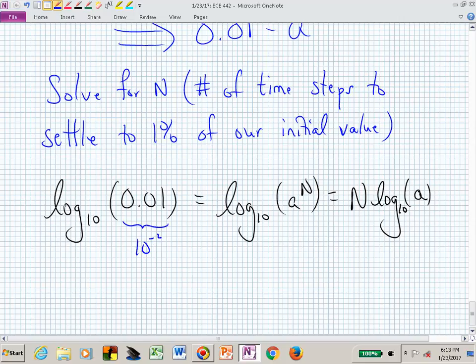Making it easier, 0.01 is 10 to the minus 2. We're doing base 10 log, so log of 0.01 is minus 2, and that's equal to n log base 10 of A.